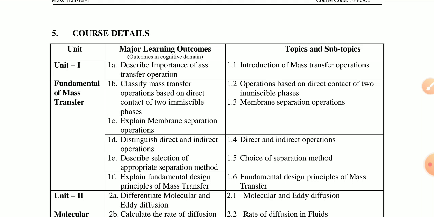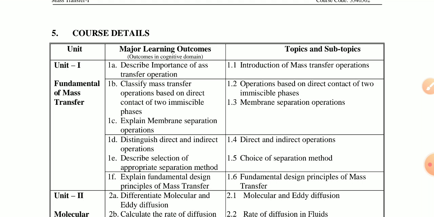And the classification of mass transfer is simply direct contact of miscible phases, direct contact of immiscible phases, and membrane separation method, the 3 classifications of mass transfer. Then we explain membrane separation operations.